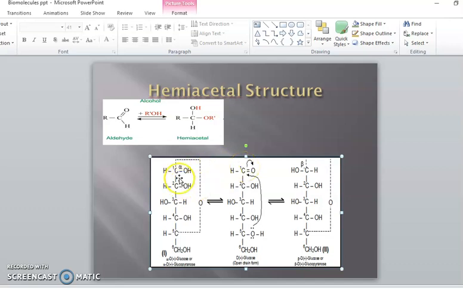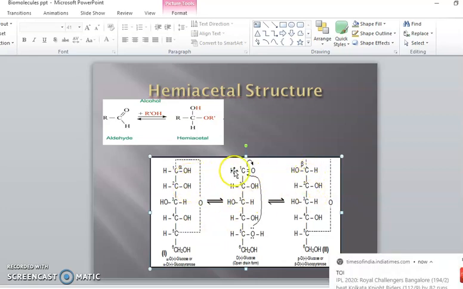On the anomeric carbon, the OH is on the right side, so it is called alpha. D stands for the fact that on the fifth carbon, the farthest chiral center, the OH is on the right side. That's why it is termed alpha-D. And this is beta-D-glucose.